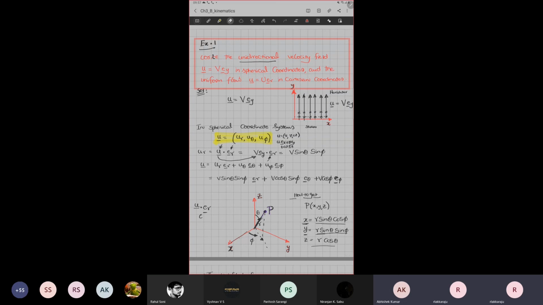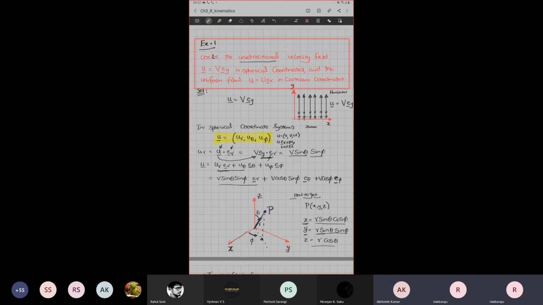This is the thing we are going to look at. So that means R sine theta sine phi er is the first coordinate, where for the ey er product I'm going to write V sine theta sine phi, the way I am going to project it.